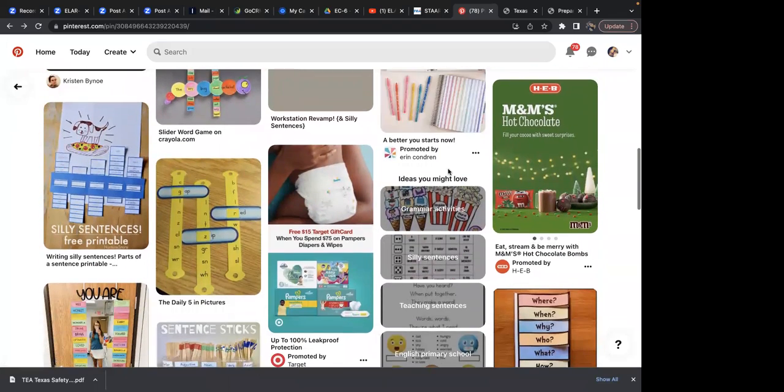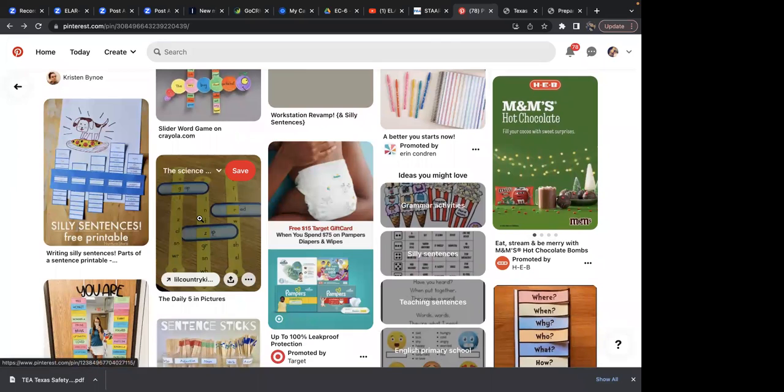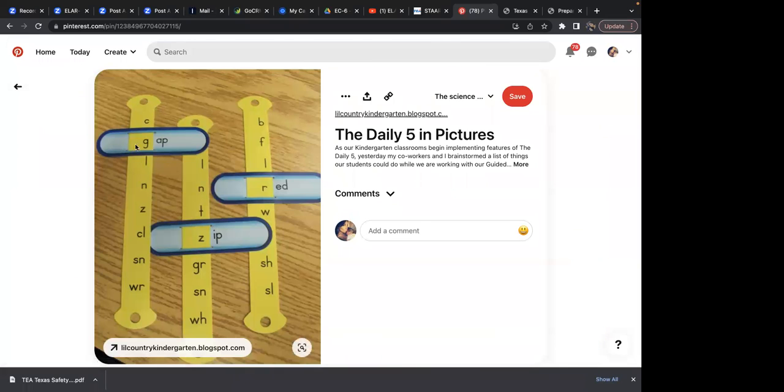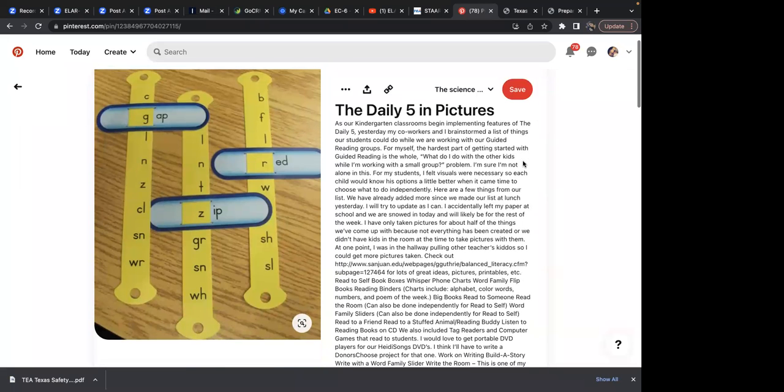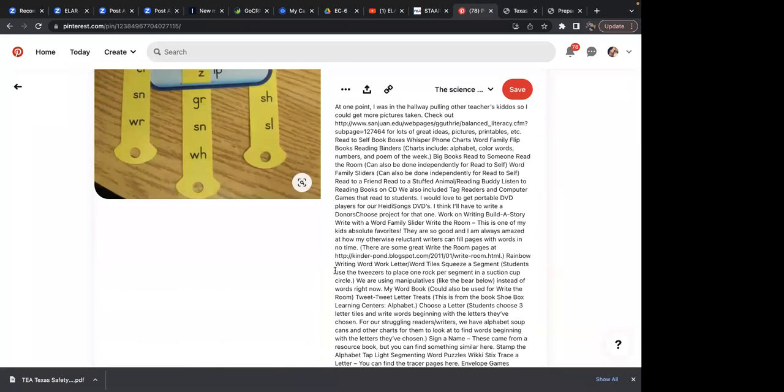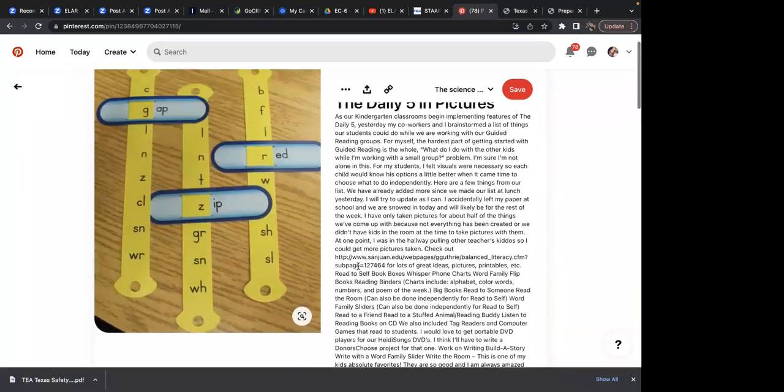Slider word game. Oh, here it is. These are really great workers to help them learn word families in kindergarten and first grade. Word work.